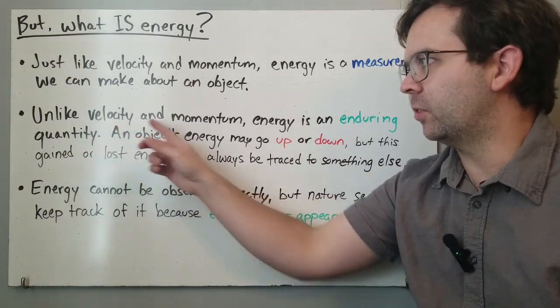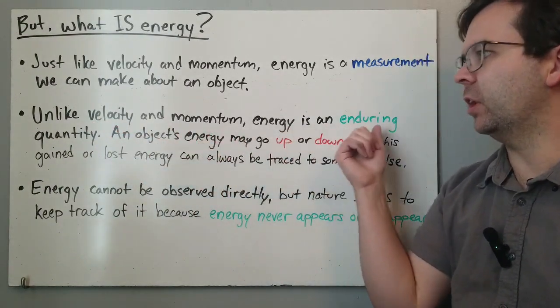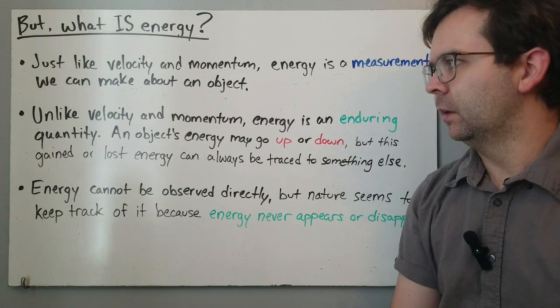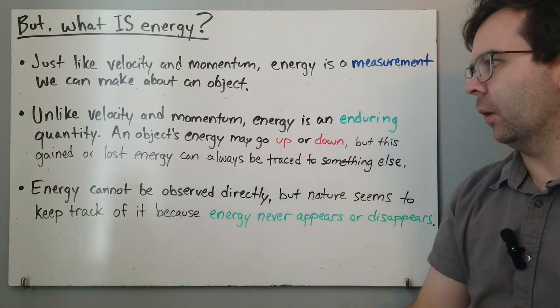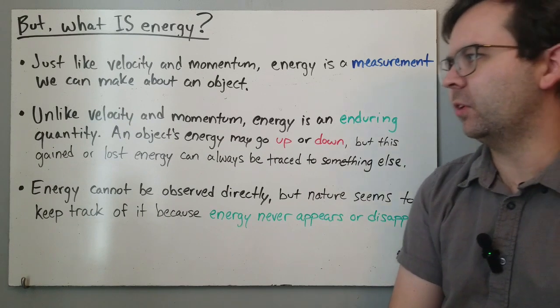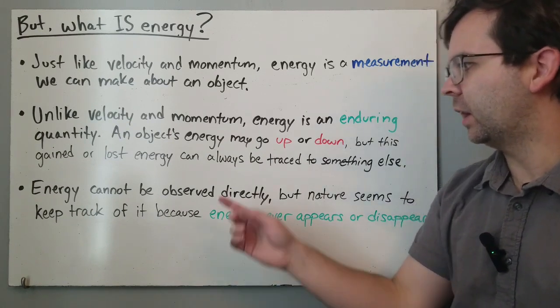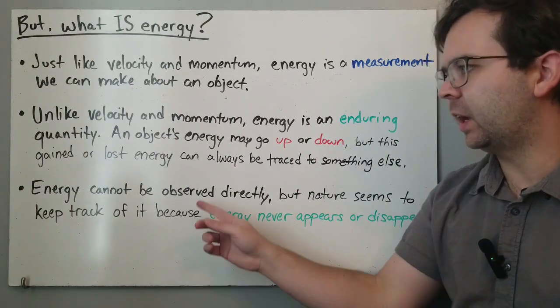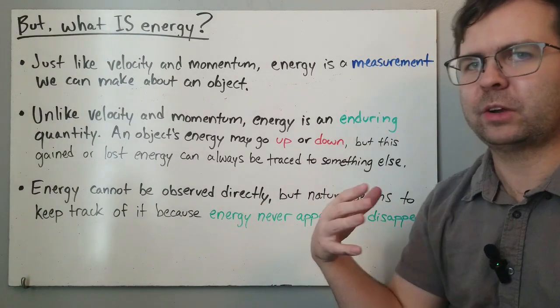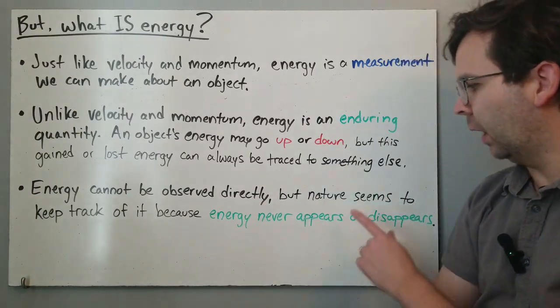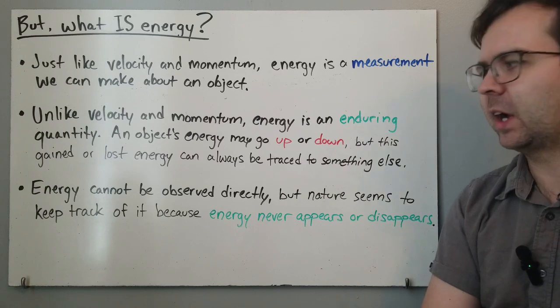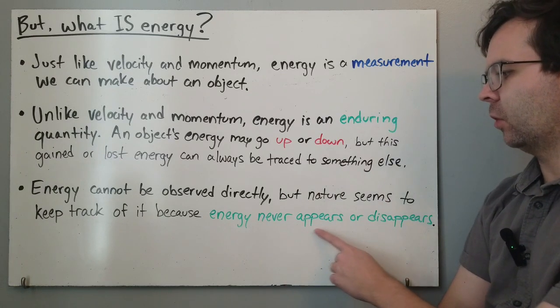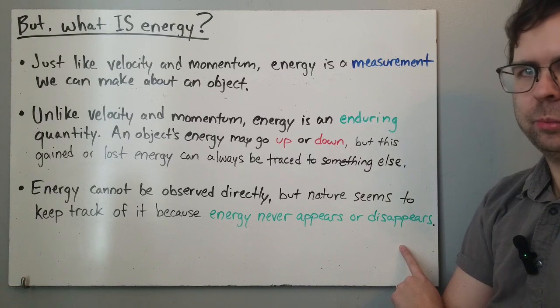But unlike velocity and momentum, energy is an enduring quantity. An object's energy may go up or down, but this lost energy or this gained energy can always be traced to something else. Energy cannot be observed directly, so we can't actually see it or observe it directly, but nature seems to be keeping track of it because energy never appears or disappears.